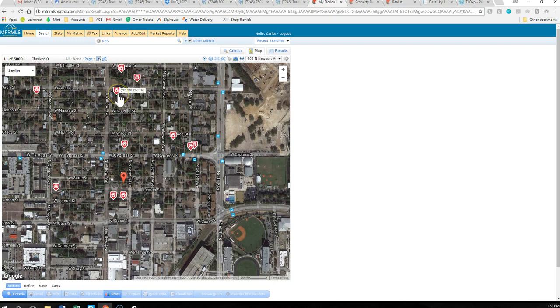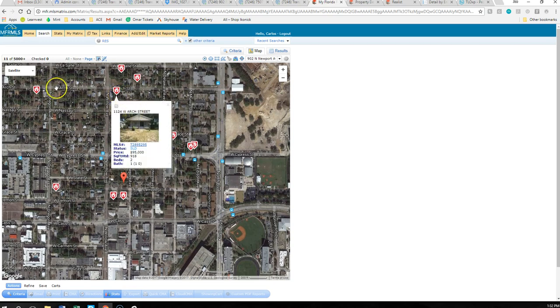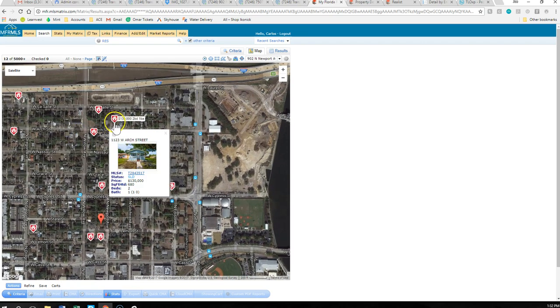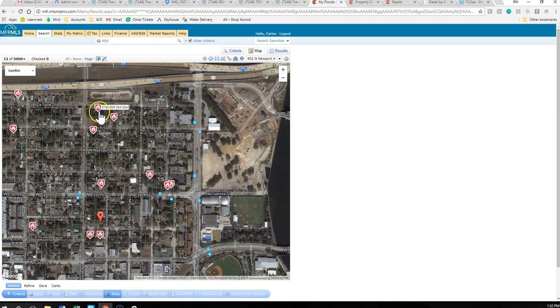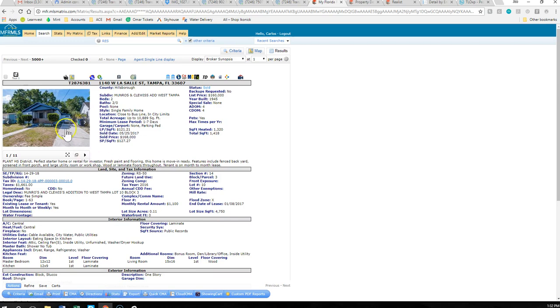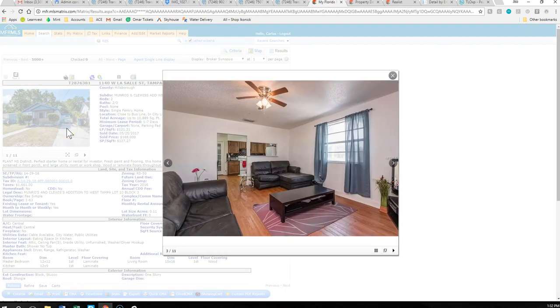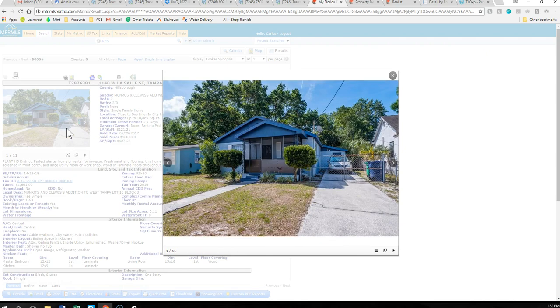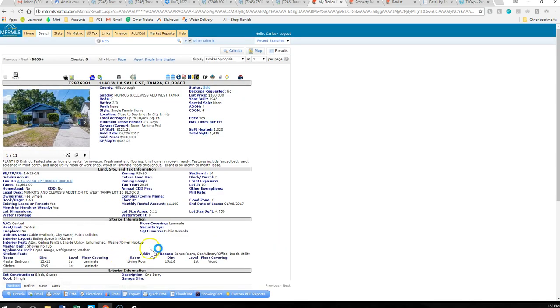It's good to see those. Yeah, so right off the bat, you see a lot of small properties. This one's a cash deal as well.